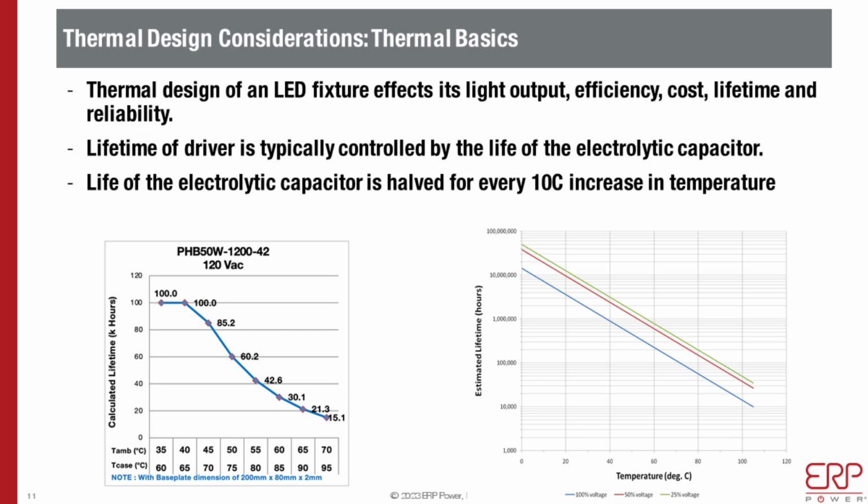So the life of the electrolytic capacitor is halved, or 50%, for every 10C increase in temperature. As you can see on the left-hand side, you have an exponential decay: the life keeps going down as the temperature increases.